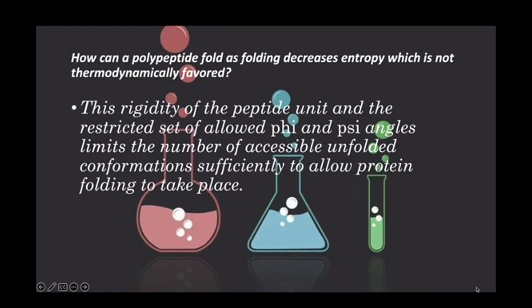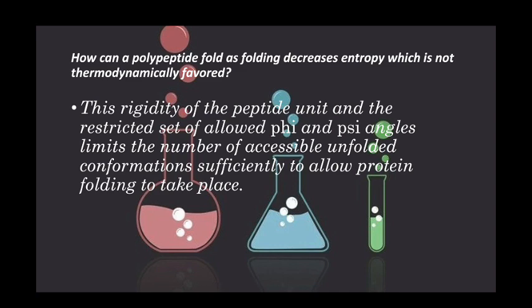So we said earlier that groups in a single bond can rotate freely and create different conformations. But in a polypeptide with different amino acids with different R groups, you cannot rotate to every angle because there might be steric interference, which is not thermodynamically favored. And that would answer the question: how can a polypeptide fold, as folding decreases entropy, which is not thermodynamically favored?